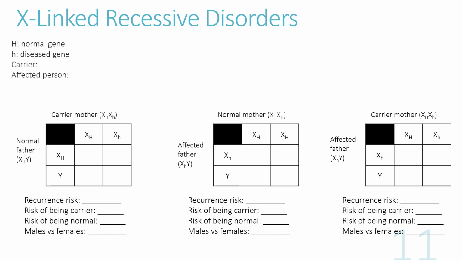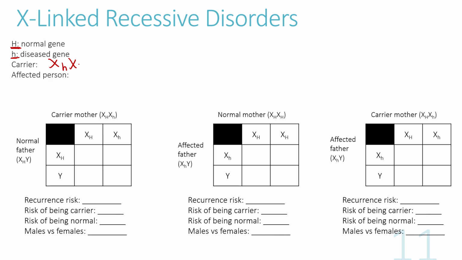Okay, so let's do this. You've got X and Y genes, because it's sex linked. The capital H is normal, the small h is the disease gene. There are only carriers among girls, right?